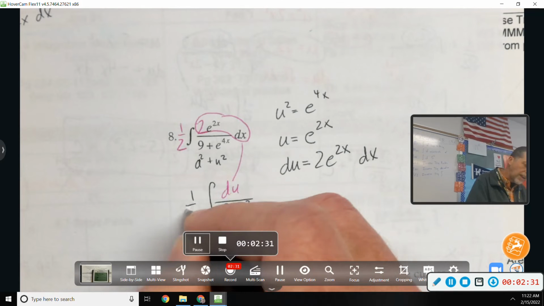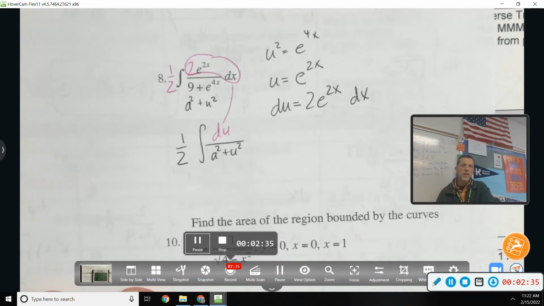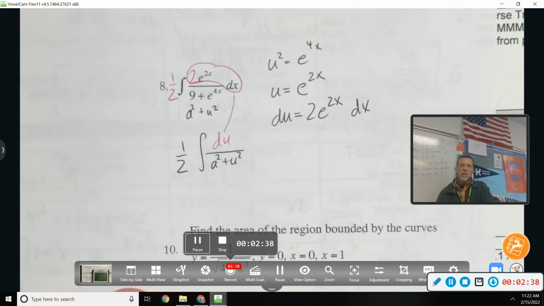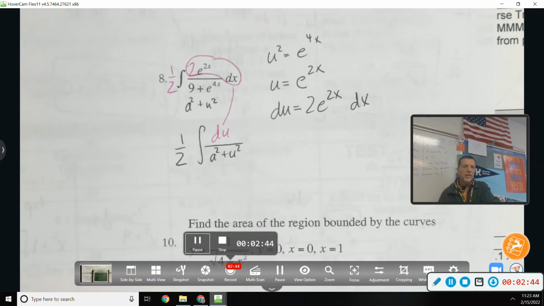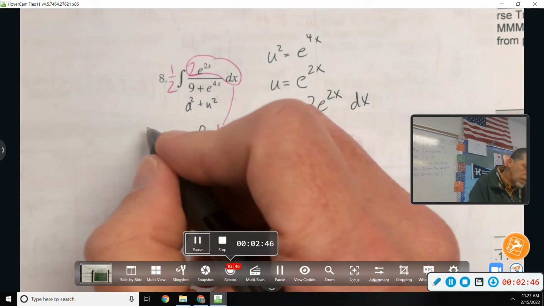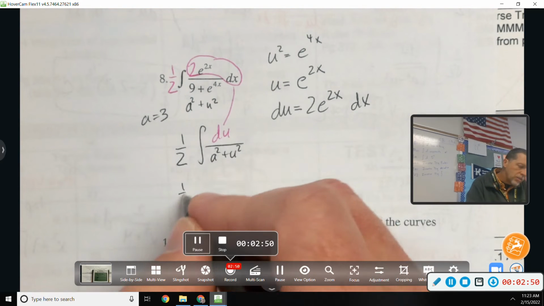So you're right. That turned into an inverse tangent problem. And I got lazy and didn't even write a equals 9, because a is the easy one. I can handle that. A equals 3. I'm sorry, a equals 3. Yes. So 1/2.